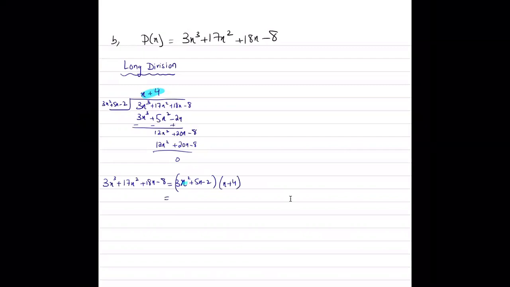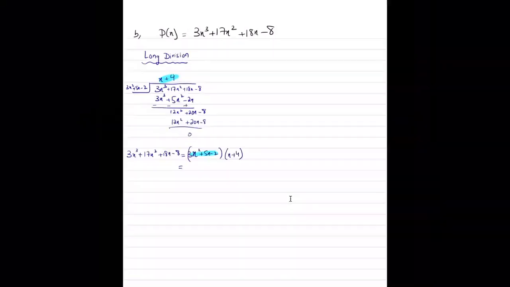Now we already have simplified this previously. 3x squared plus 5x minus 2 is same as saying 3x minus 1 times x plus 2, right? Times x plus 4. So you were able to express the cubic polynomial into its three linear factors. That was what the question was all about. You need to factorize this polynomial, and that's the factorization of the polynomial.